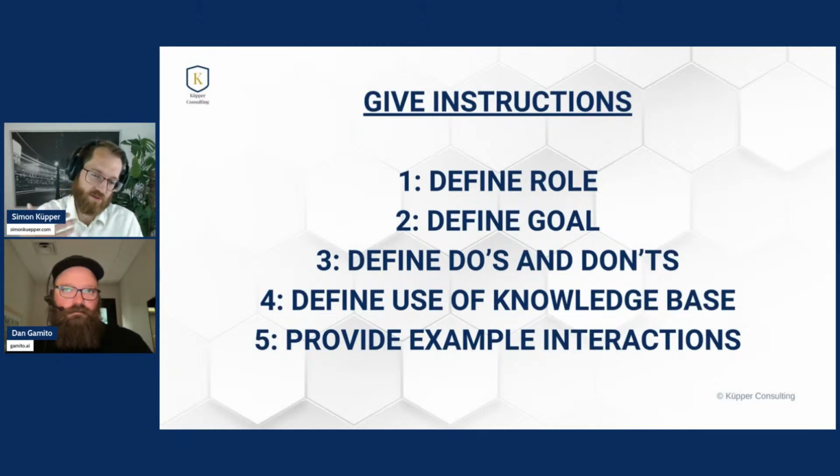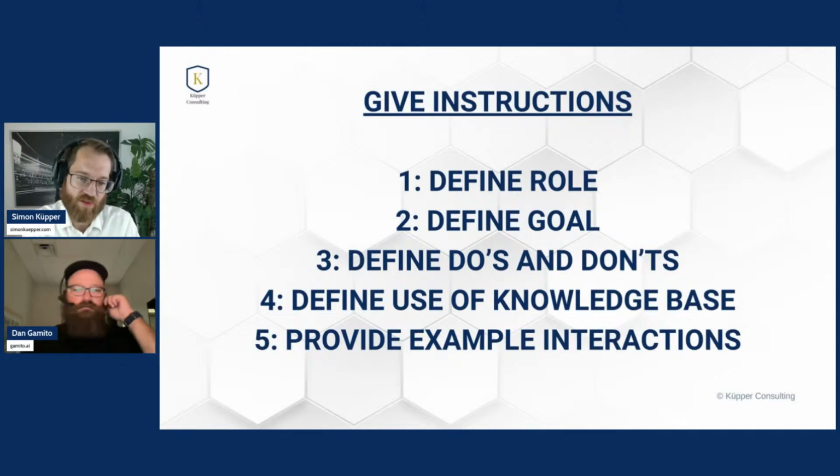And then what can help even more is to provide example interactions. If it is a customer-facing application, then provide examples of how you want to greet people, how you want to talk to people, whatever you think is necessary. So these are really very simple five steps that you can follow, and you will probably get, at least from my experience, great results as a starting point, and then you can iterate from there.